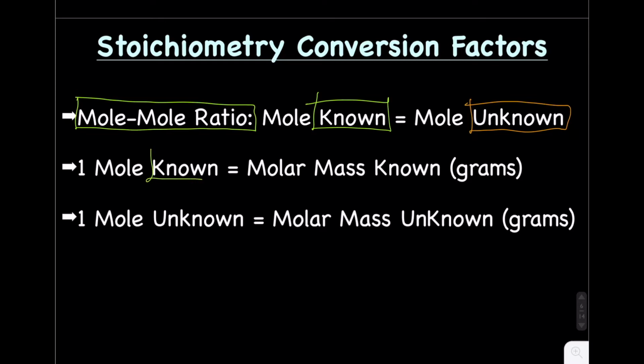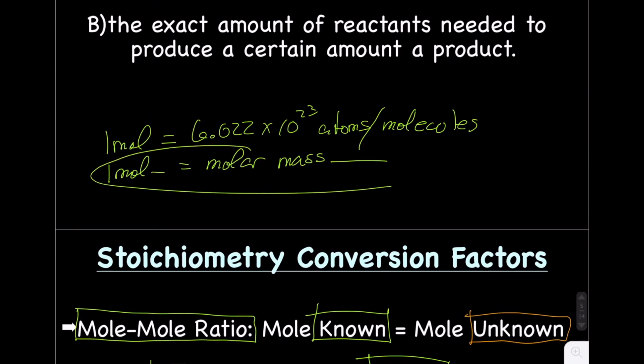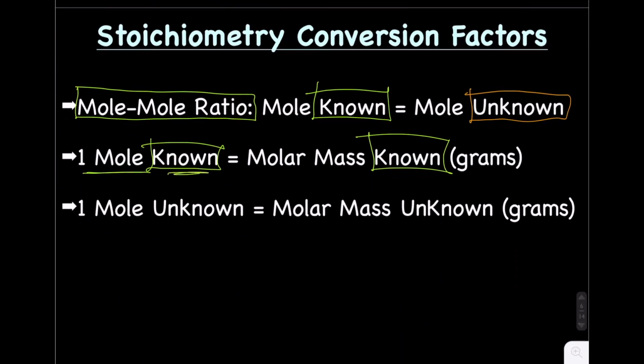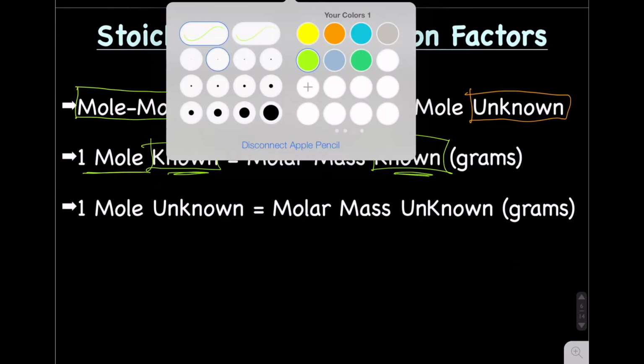Okay. And then the next one, and this looks very similar to one we've already used, we have 1 mole of known equals the molar mass of known in grams. So that one is just like the one up here: 1 mole equals molar mass of something in grams. But this time I'm specifically giving you the word known.